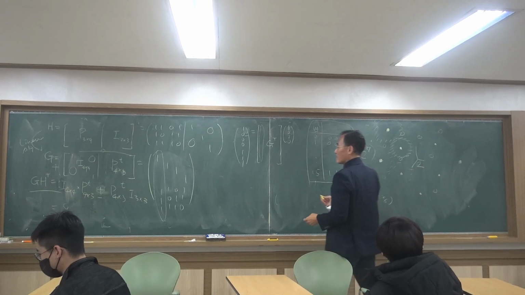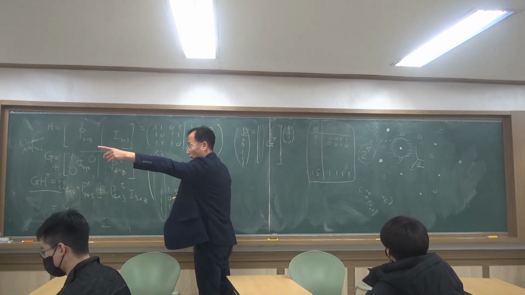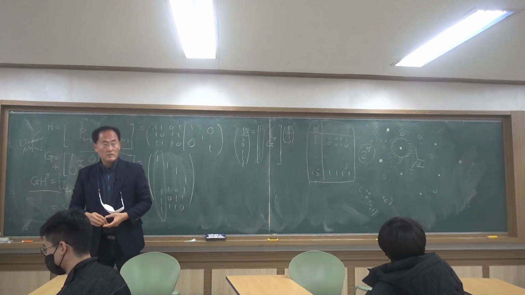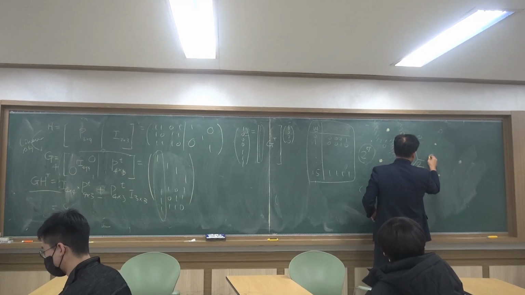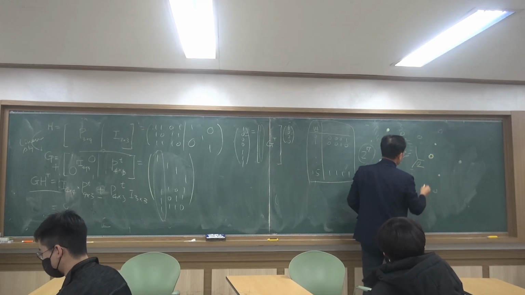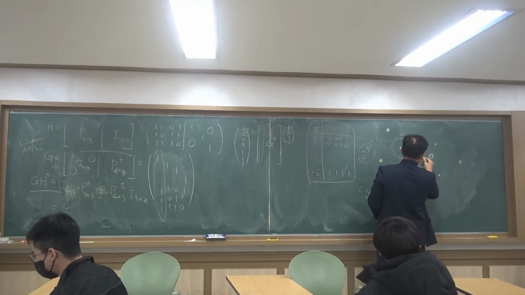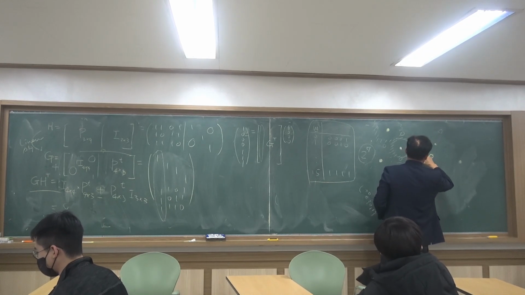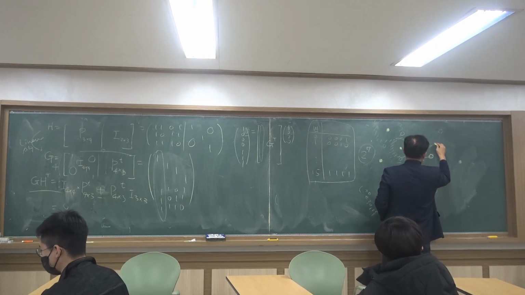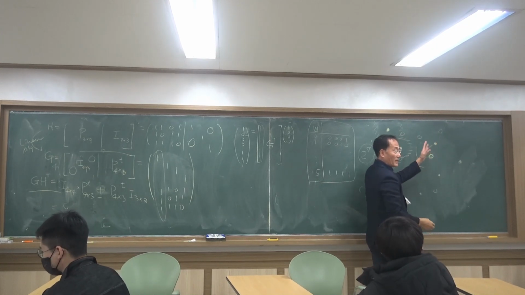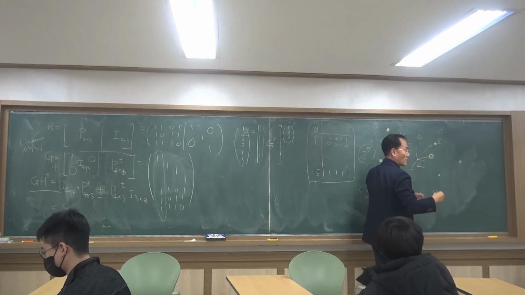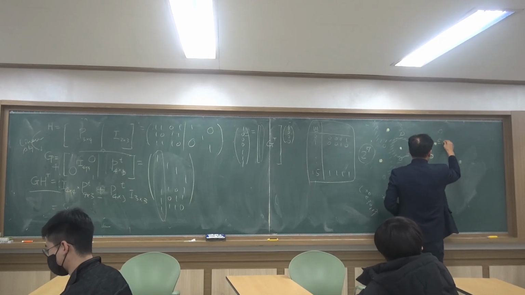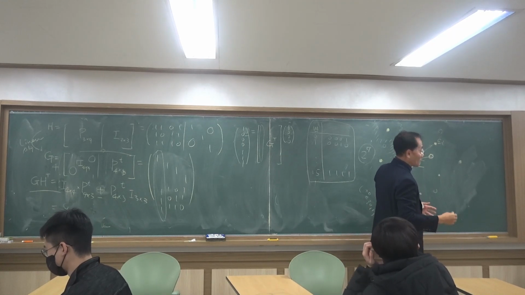And here, the received word is one of these 2 to the 7 words, right? So one of them is right here, for example. Then you send one of the code words at the transmitter. That's the code word you send, let's say the ith code word.